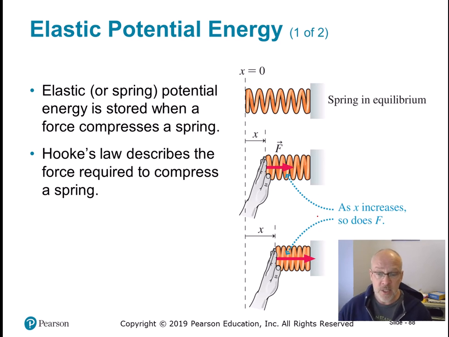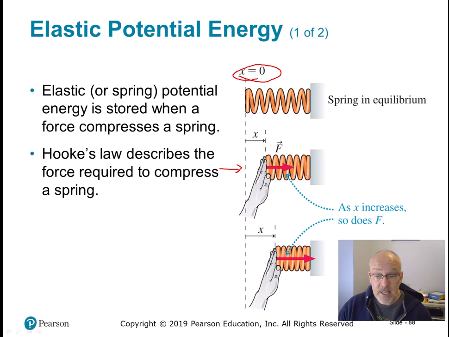It will change what's called the spring constant, which tells you how stiff that spring is, or how much force it takes to compress it or to stretch it. And so when we do compress it or stretch it, it stores energy. At its free length, no forces are involved, so there's no energy stored in it. It's just sitting at rest, basically. But as soon as we apply a force and we compress it, then that spring is pushing back.